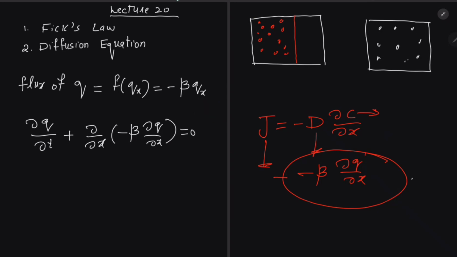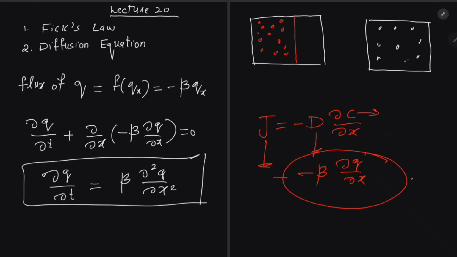I just solve it. For example, here it will be partial Q by partial T equals beta partial square Q by partial X square. So this is the equation for the diffusion problem.